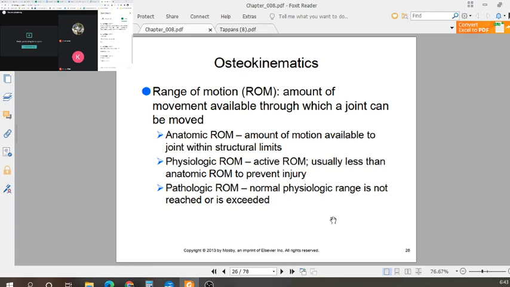There will be changes in that if they are passive and you do the movement, because then it's not going to cause pain because they're not taking on the weight of their body parts. Pathologic is going to be when they cannot reach it or it is excessive. And anatomic is what it's supposed to be able to do within the joint.